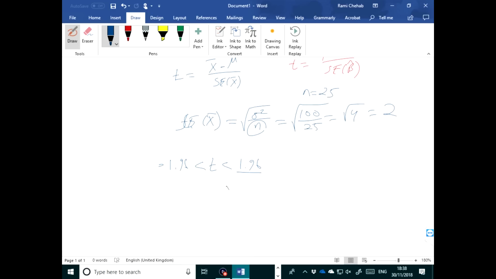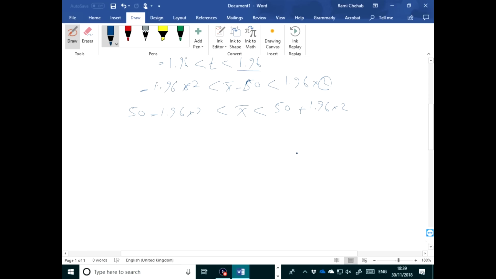So basically our x bar minus the mean, which in our case is 50, is between 1.96 times 2, which is the standard error of x bar, and minus 1.96 times the standard error, which is 2 in our case. And therefore x bar is nothing but 50 plus 1.96 times 2, and 50 minus 1.96 times 2.